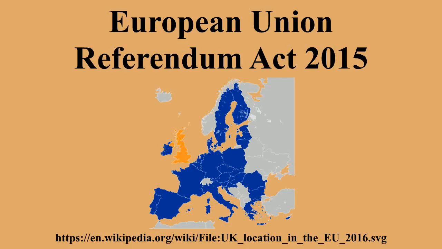Originally, the bill gave the question to appear on ballot papers as: should the United Kingdom remain a member of the European Union, and in Welsh, a simple yes-no answer. The original proposed question was very similar to the question voters were asked in the original 1975 EEC referendum.